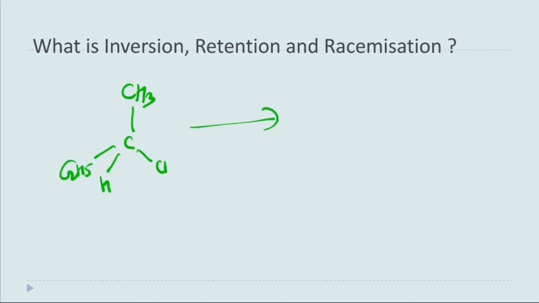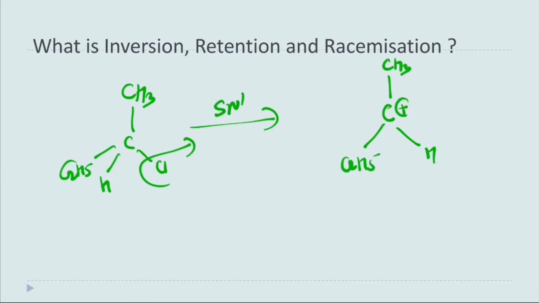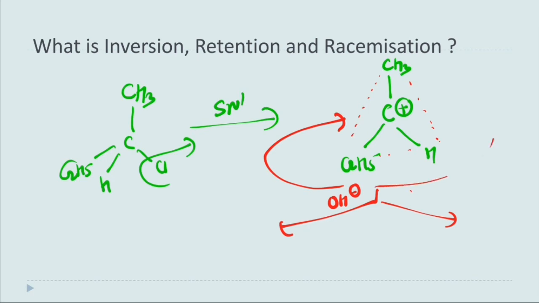So what happens in SN1 mechanism? First of all, the leaving group leaves the compound and a carbocation forms. This carbocation is planar, or trigonal planar. In a planar carbocation the nucleophile can attack from either side, and the probability of attacking from either side is equal.